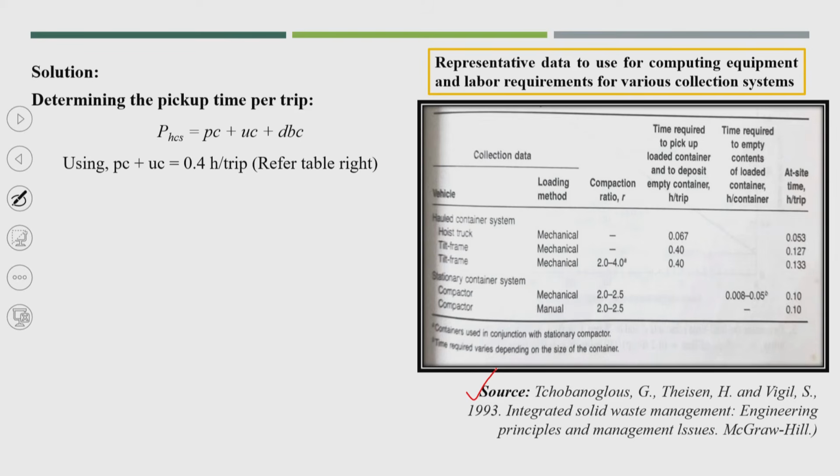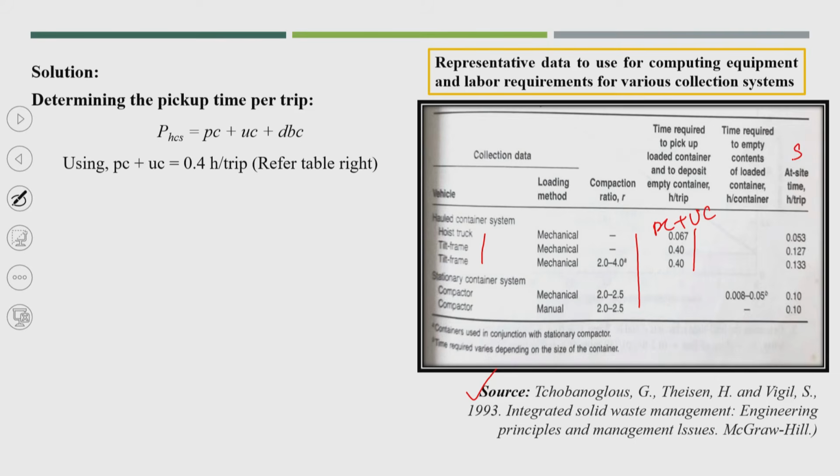This book has given this data, where for different kinds of vehicle it shows the compaction ratio, and the time required to pick up a loaded container and to deposit an empty container. So, this is the PC plus UC value, and the at-site time, that is the S value, is also given.